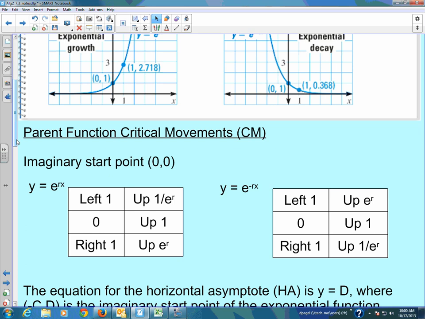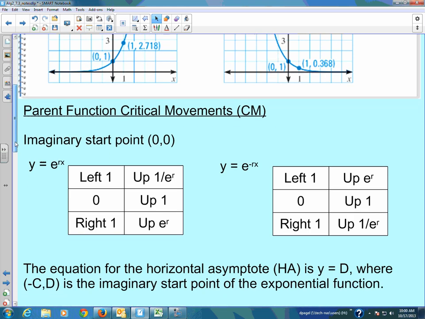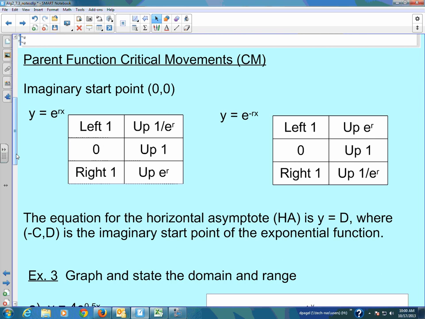One of them with a positive exponent and one of them with a negative exponent. So that's the same stuff that we had when we were just introducing our generic growth and decay functions. Just we have an e in there now, and it's got this power r that wasn't there before.